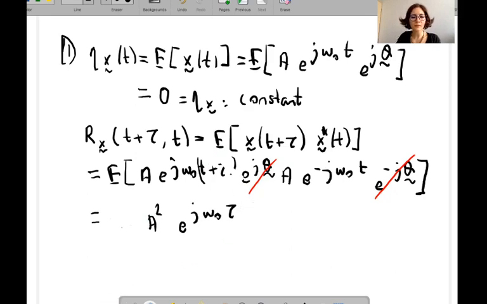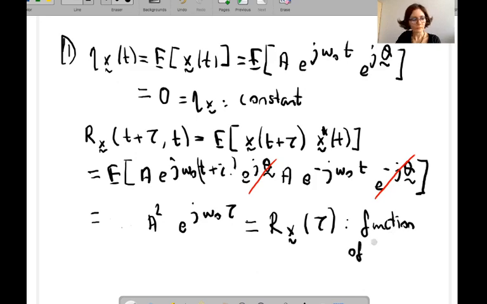And indeed, it is a function of tau. So we have all the right to call this our R x of tau, because it depends only on tau. It does not depend on t. So let's note that this is a function of tau. What we conclude from these derivations is that the mean of our process is a constant function, and the autocorrelation function of the process depends only on tau.